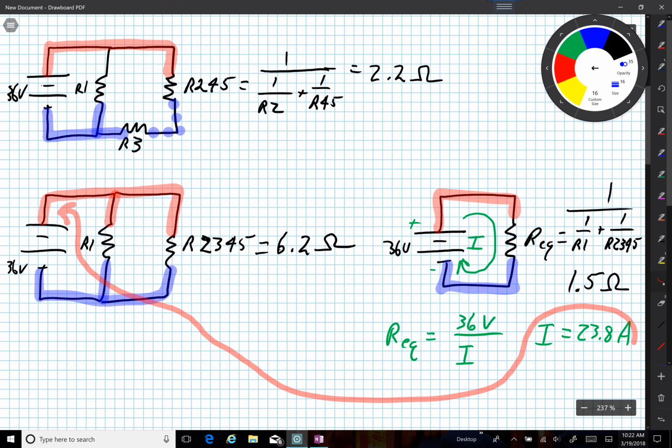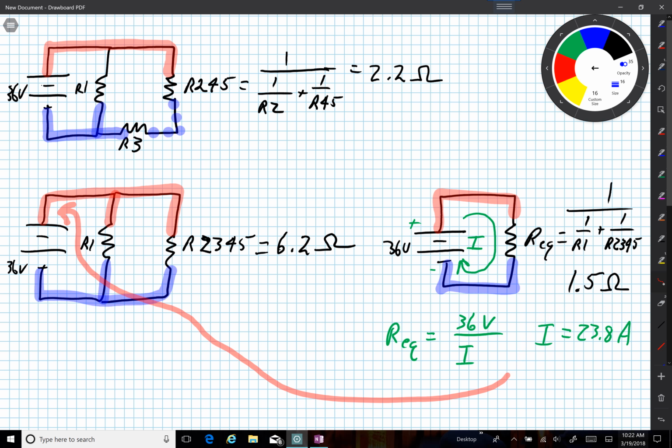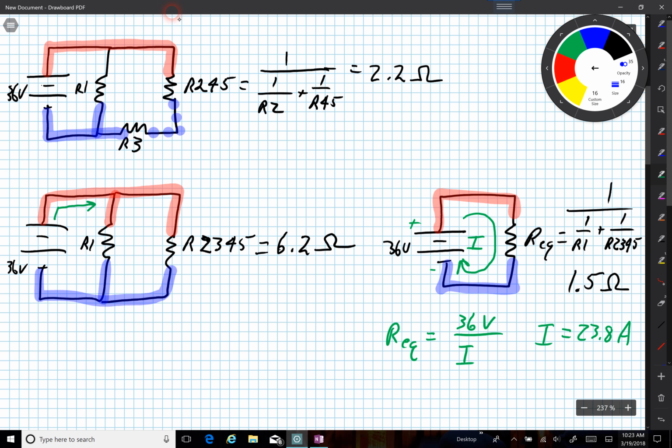This current has to come back to the previous diagram and be placed in the appropriate point, which is coming out of the battery. This is I coming out of the battery, because these are equivalent circuits. These two have to do the same thing. The battery does the same thing in both circuits. So I is flowing out of the battery.